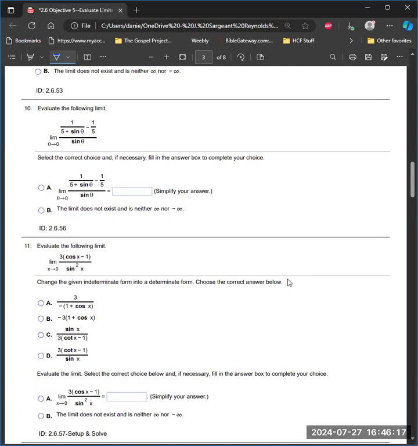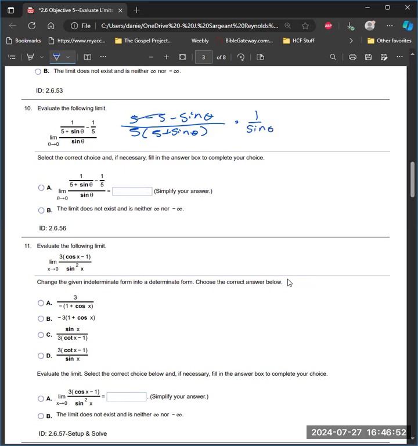This limit here, as I go to 0, let's make a common denominator here. 5 minus sine theta over 5 times 5 plus sine theta times 1 over sine theta.